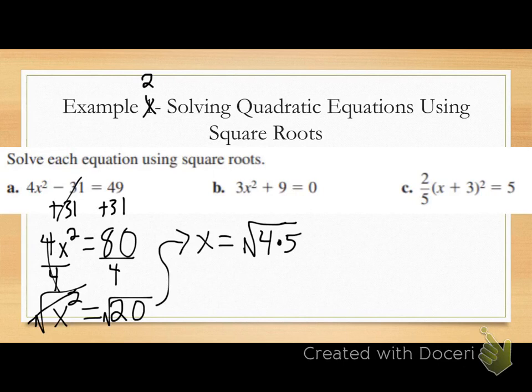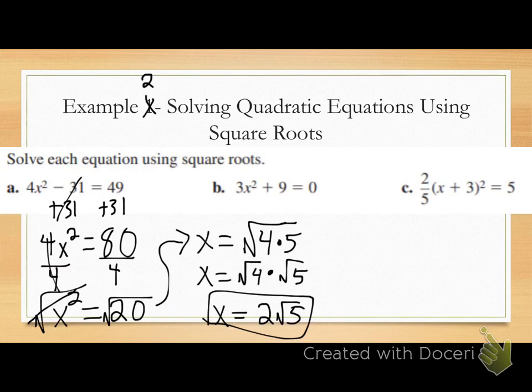Now, the rule of radicals: if I have two things being multiplied under a radical, I can split them up into their own radicals. Does anyone remember learning about that? Now, what's the square root of 4? 2. Can I take the square root of 5 and get a nice whole number? Nope. So there would be my answer.